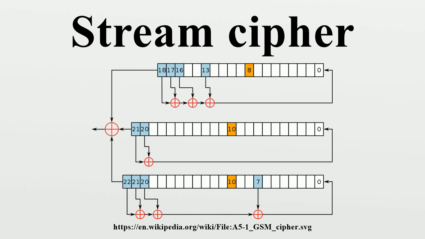Synchronous stream ciphers. In a synchronous stream cipher, a stream of pseudorandom digits is generated independently of the plaintext and ciphertext messages, and then combined with the plaintext or the ciphertext. In the most common form, binary digits are used, and the keystream is combined with the plaintext using the exclusive OR operation. This is termed a binary additive stream cipher.